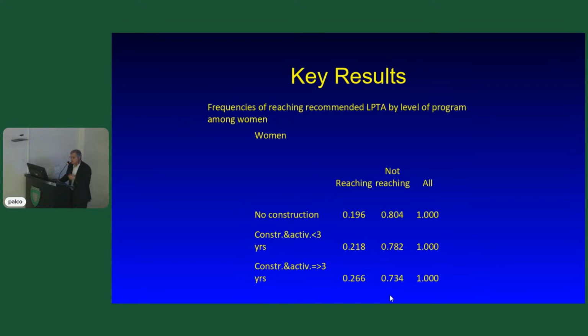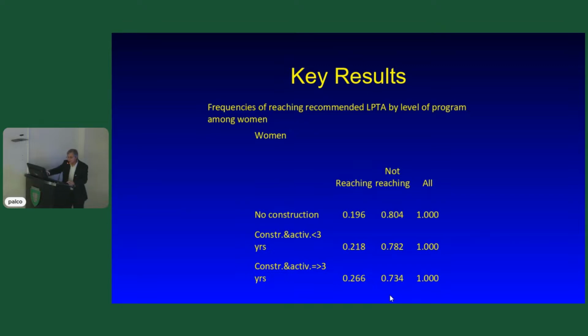The key results I'm presenting in this simplification are just showing the proportion. This is the proportion of those reaching the recommended level of leisure time physical activity that improves your health. So the people reaching that level is presented as a percentage.